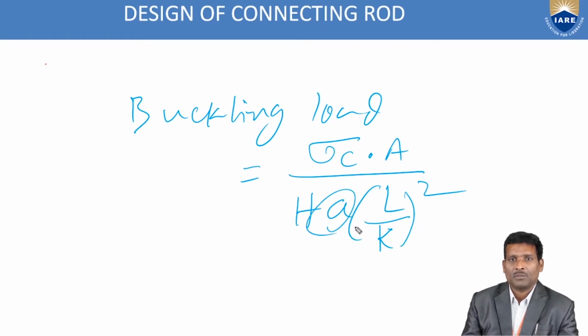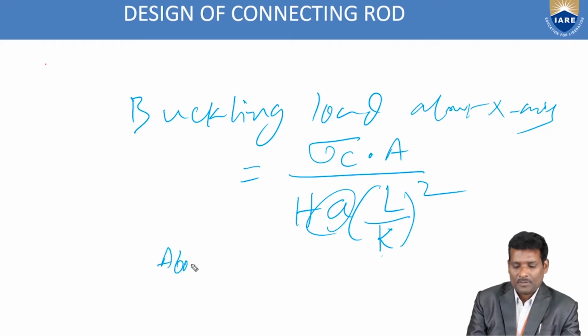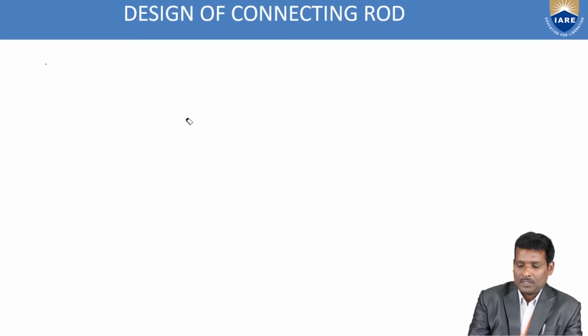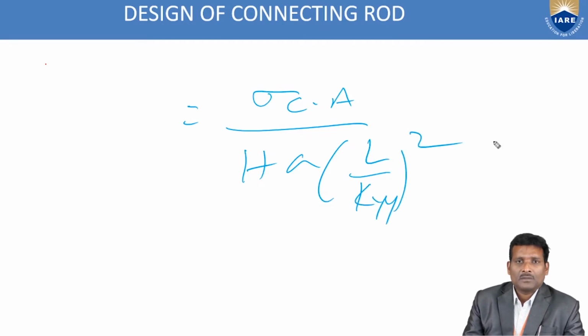The Rankine constant has to be taken from the design data book according to the given material. L is the length of connecting rod and K is the radius of gyration. This is the buckling load about the x-axis, and similarly the buckling load about the y-axis is sigma c A divided by 1 plus a (L by Kyy) whole square. We have already discussed all these things in the design procedure.